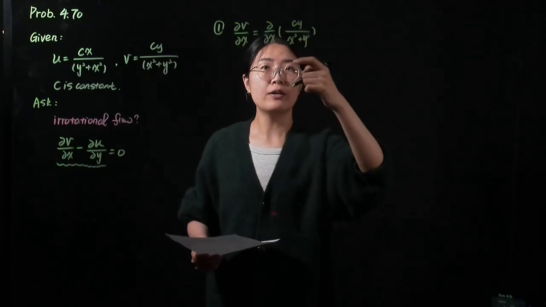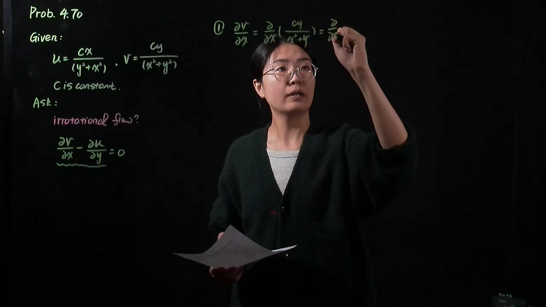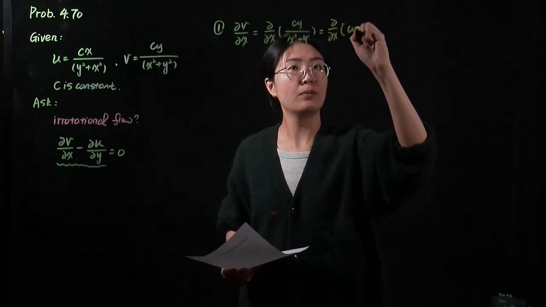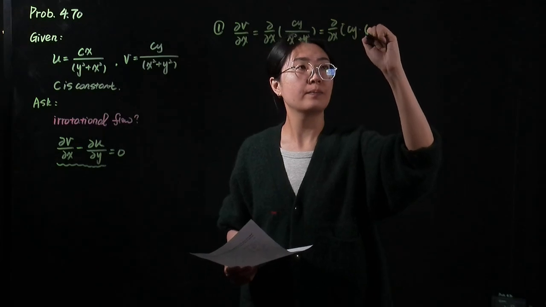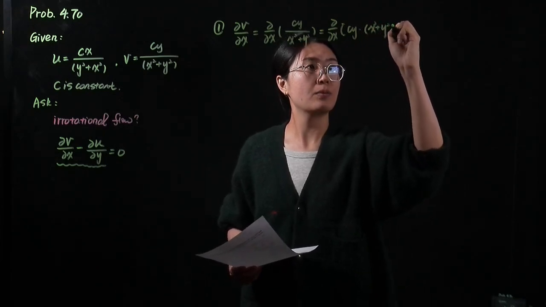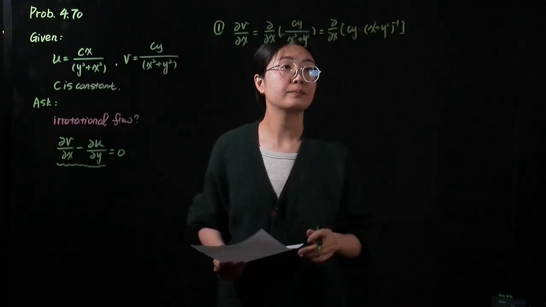If we rearrange this, it equals cy times the quantity x squared plus y squared to the power of minus 1.